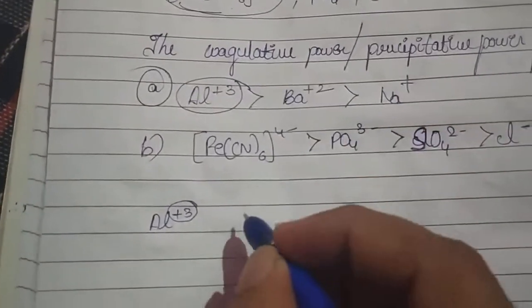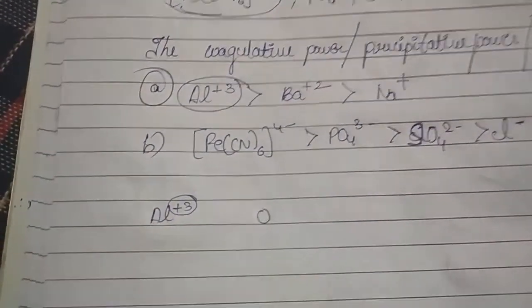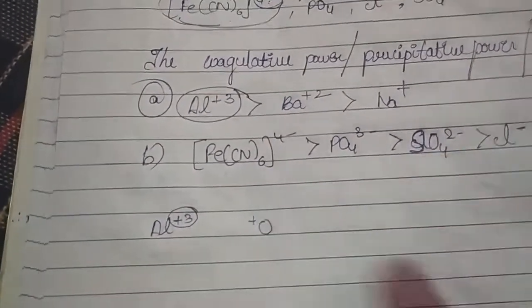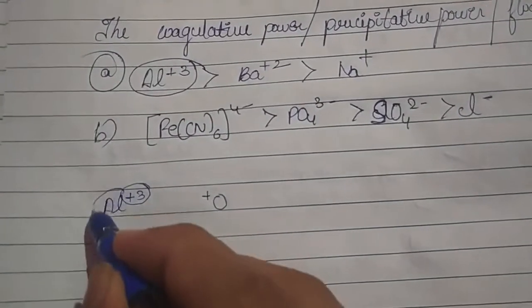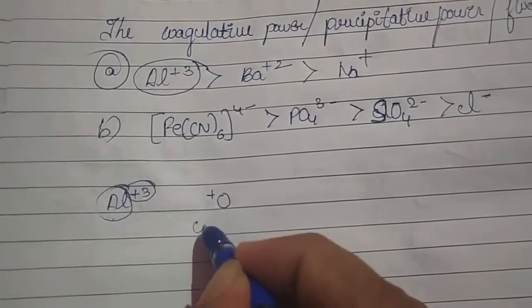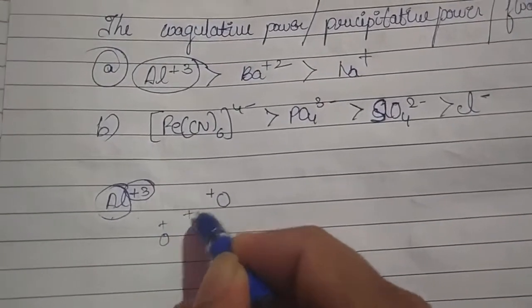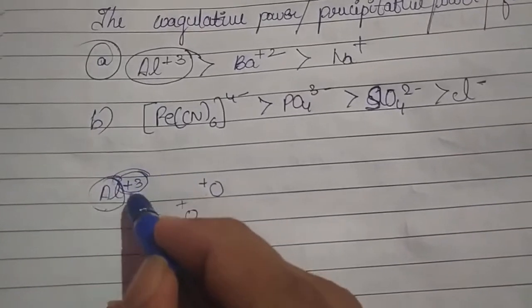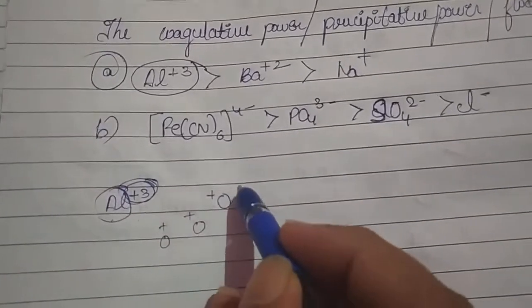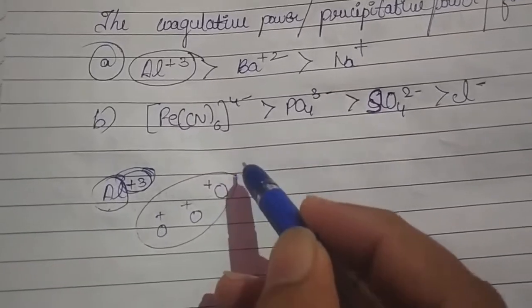If I take a colloid which has just a single charge, assume it. So what does it mean? One Al has the capacity to coagulate 3 colloids. Are you understanding what I am saying? The higher the valency, the more the power to coagulate your colloids.